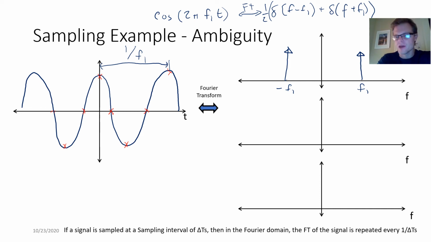You can see we've divided this 1 over f1 interval into 4. So in this case our delta TS is, oh, not quite, again, 1 over 4 f1.